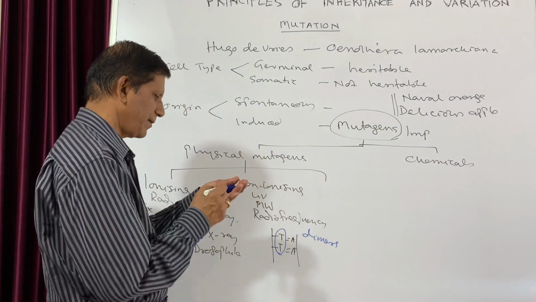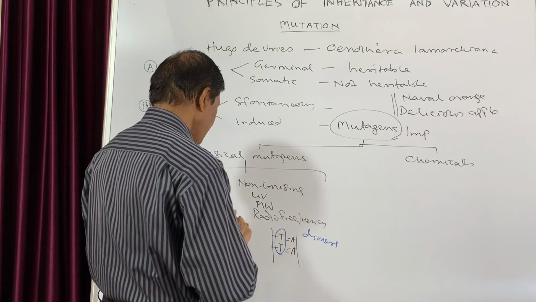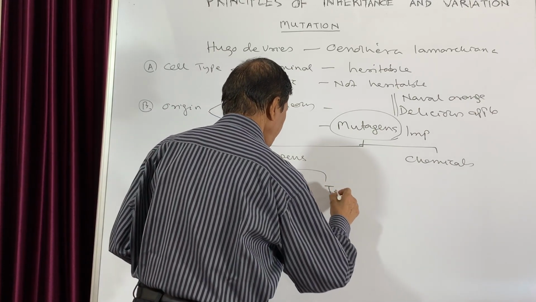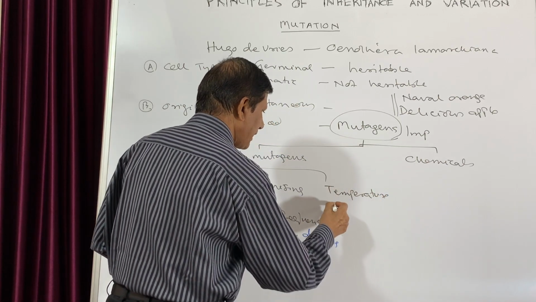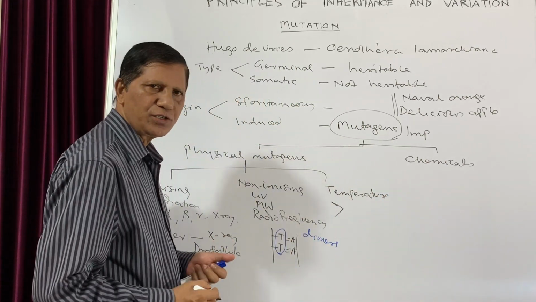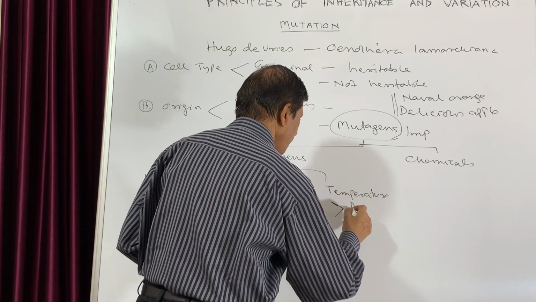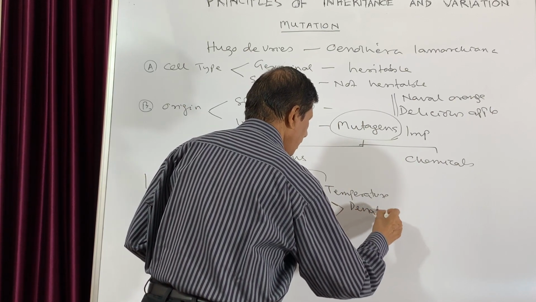Then the third one is temperature. So in case of temperature, what happens? When there is an increase in temperature, usually it leads to denaturation of DNA.